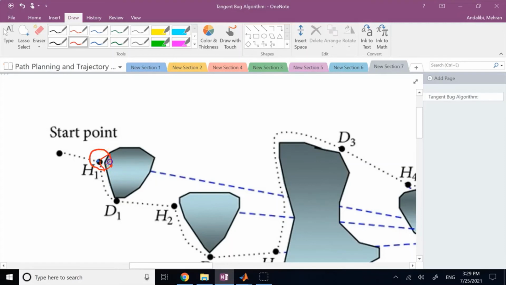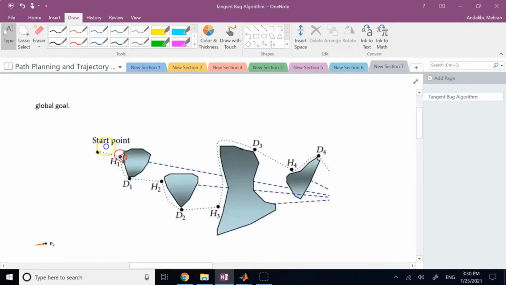Now it feels some boundary. It knows that it cannot move any forward. So now it has to decide which direction to go, right? Now it has to decide whether it wants to go to this endpoint or this endpoint. Between these two, which one do I go to? And then do the wall following.